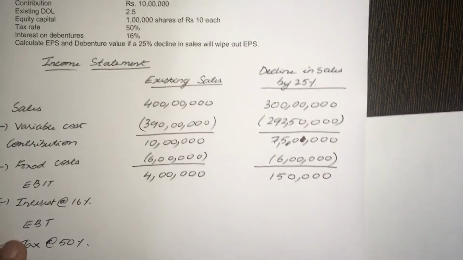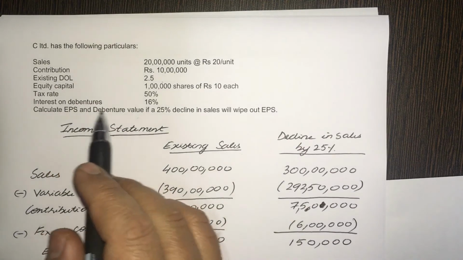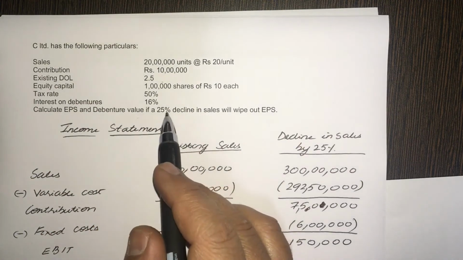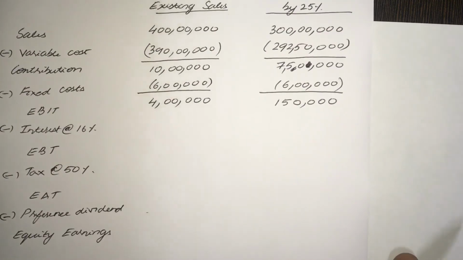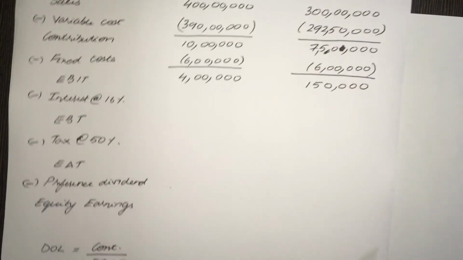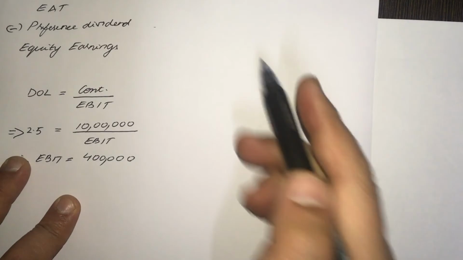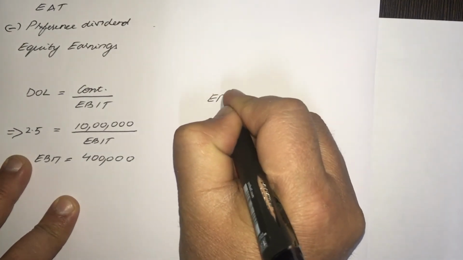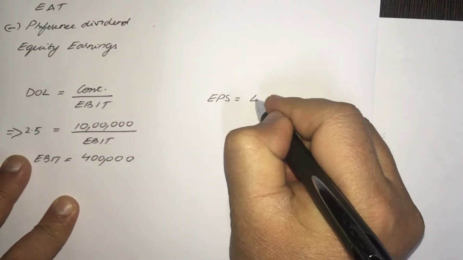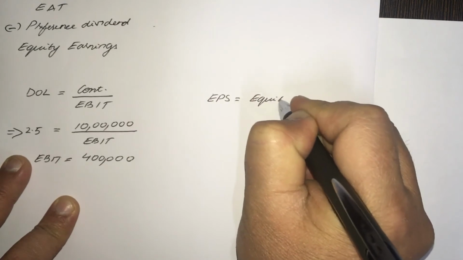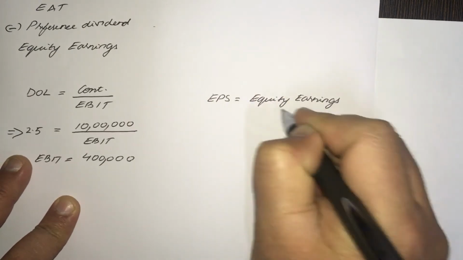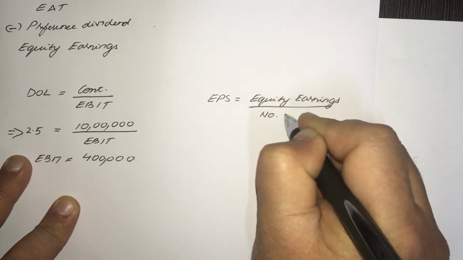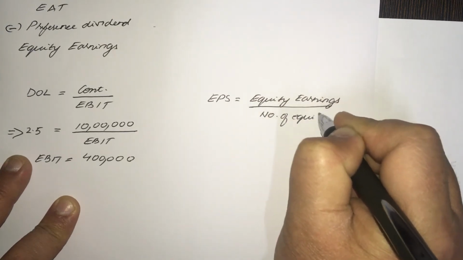Now, it says that a 25% decline in sales will wipe out EPS. When will EPS be wiped out? What is EPS, by the way? EPS, earnings per share, is equal to equity earnings divided by the number of equity shares.